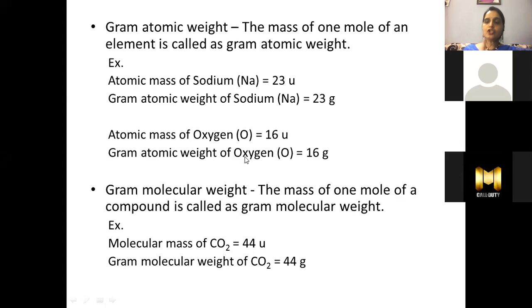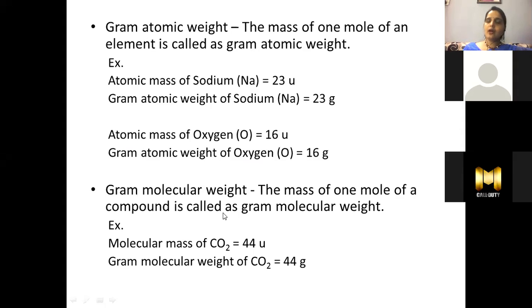When we talk about gram atomic mass, the unit is gram, but the number is the same as that of the atomic mass. For oxygen, the atomic mass is 16 U, so the gram atomic weight of oxygen will be 16 gram.